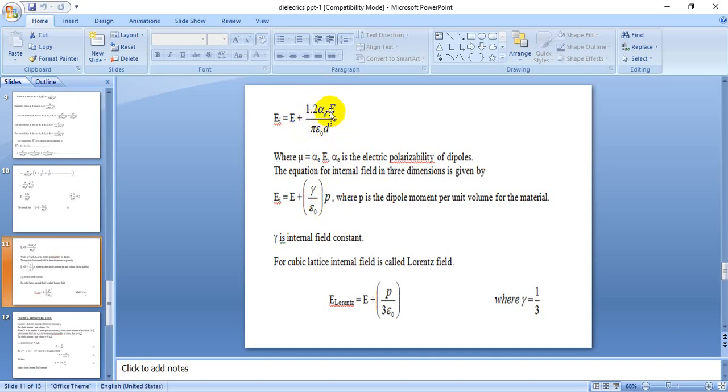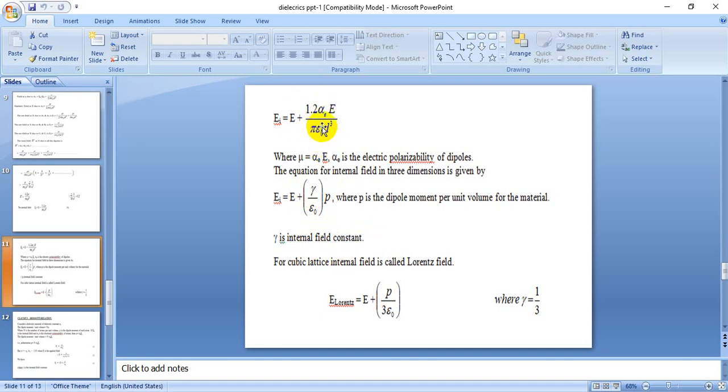Remaining all other terms we are going to write by substituting the constant gamma, which is nothing but the internal field constant. Once again I repeat, look at this value 1.2 alpha E divided by pi epsilon naught d cube.